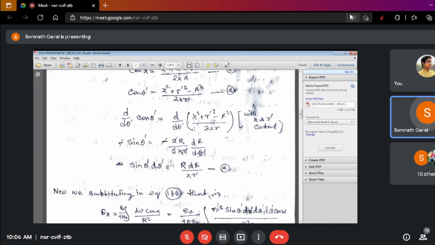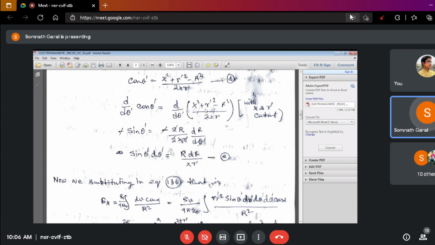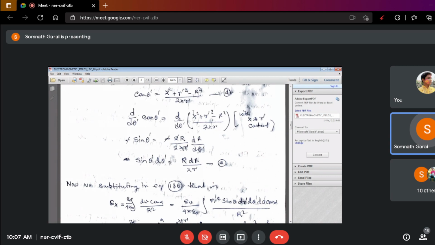D theta dot of z square plus r dot square minus capital R square divided by 2z small r dot. Here z and r dot are constant.